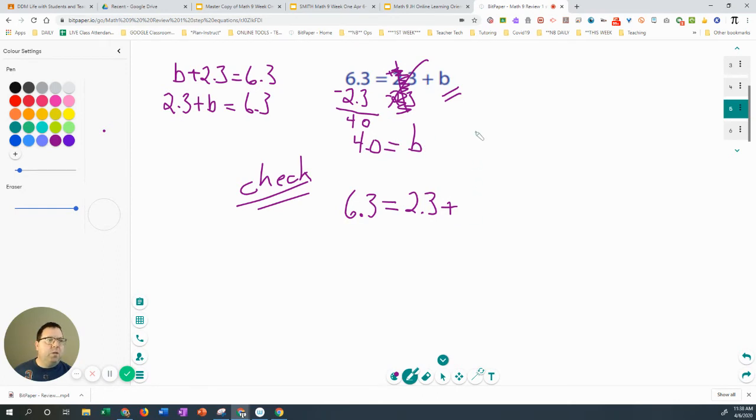So instead of writing a b, the way the original question is set up, I can replace that b with a 4. The b is a 4 because that's what the solution told us it is. So 6.3 is equal to, does 2.3 plus 4 equal 6.3? Yes, it does. Again, I'll be picky about my decimals.